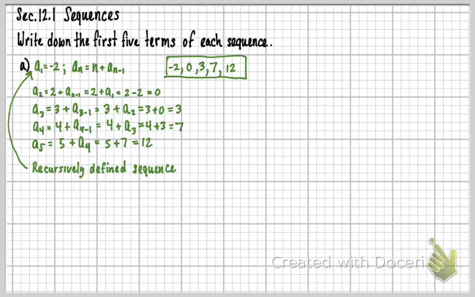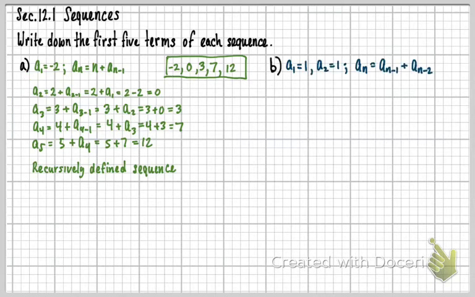This one uses the previous term. So anytime I have that sort of formula here, I'm dealing with a recursively defined sequence, or a recursive formula. So that's kind of the idea for these. It's using a previous, meaning recursive. Okay, so that's what we're dealing with.